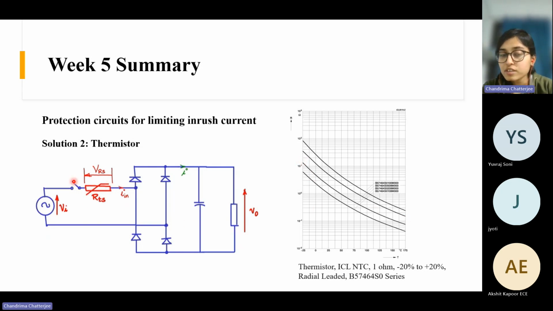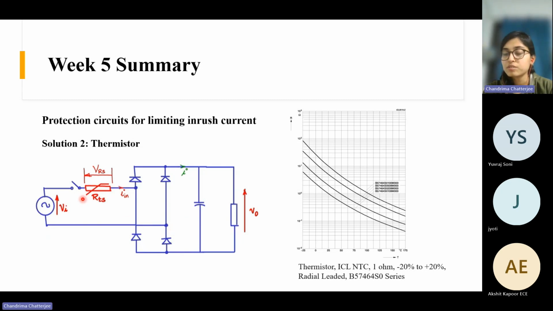What advantage will it give us? Initially, when you are starting the circuit, the temperature is very small. Suppose 25 is the ambient temperature. At that time you have this high resistance of the thermistor, so it will limit the inrush current.